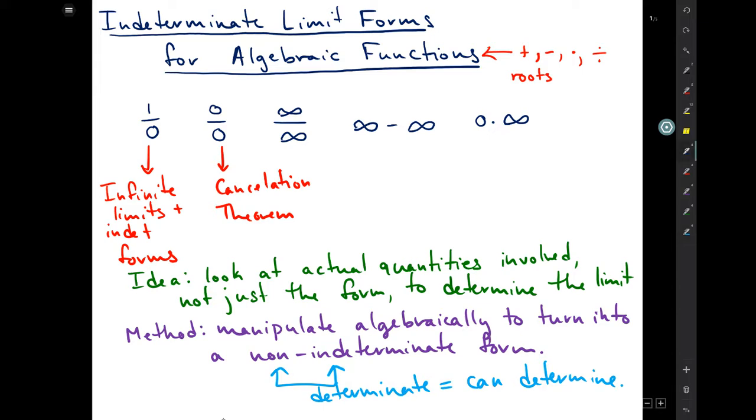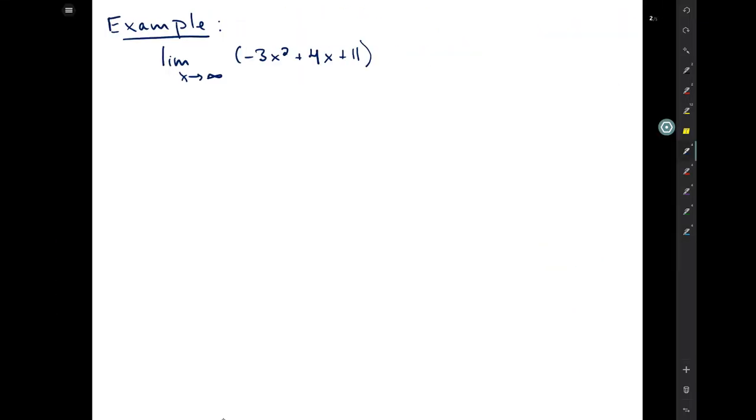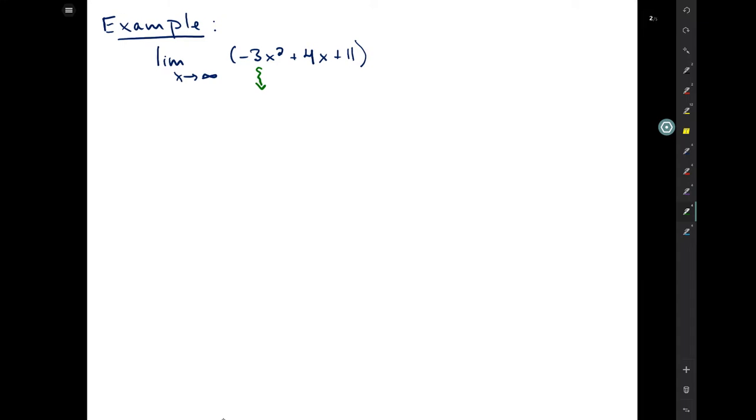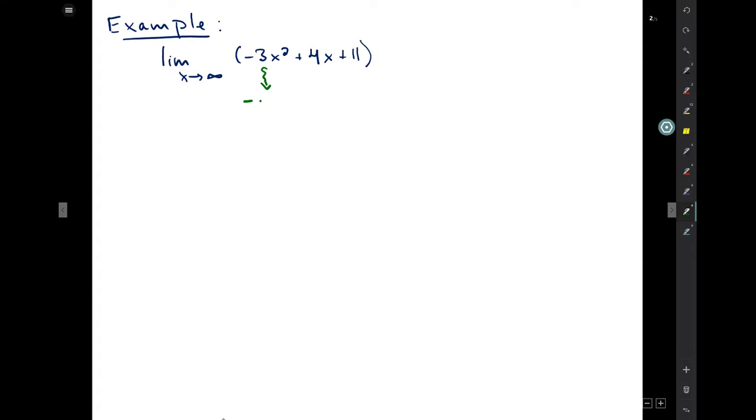So here is our first example. Look at the limit as x goes to infinity of minus 3x squared plus 4x plus 11. For the first term, if I take a large number and square it, it's going to be very, very large, and when I multiply that by a negative number, I'm going to get negative infinity.